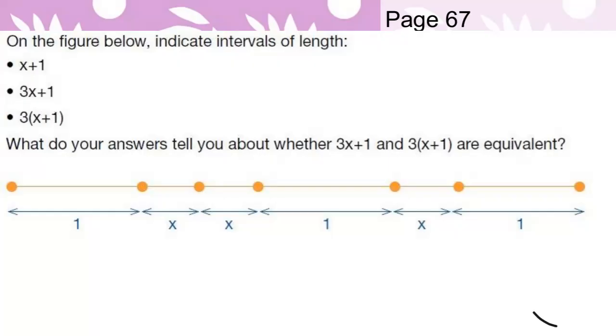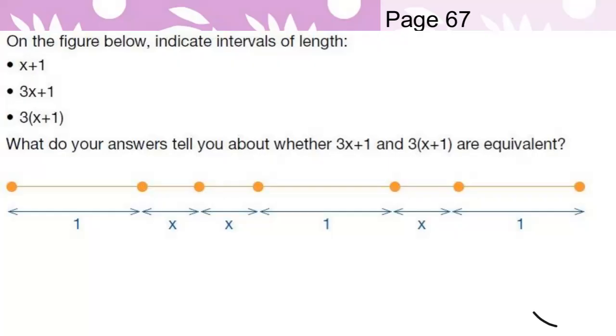But I mean, wouldn't the red one and the blue one be equal? Because it kind of takes the whole thing. Would the red and the blue be equal? No, I said red and green. The red is here. And the green is here. The red is just x plus 1.